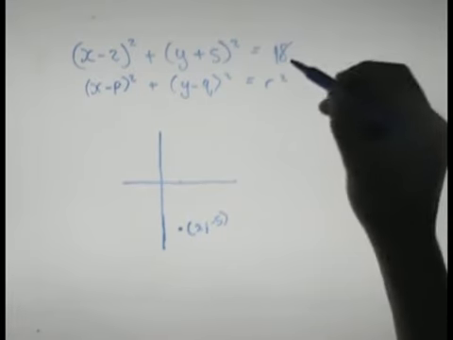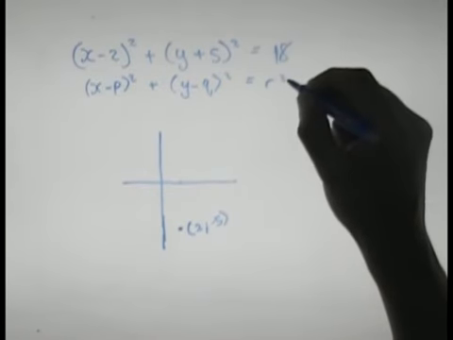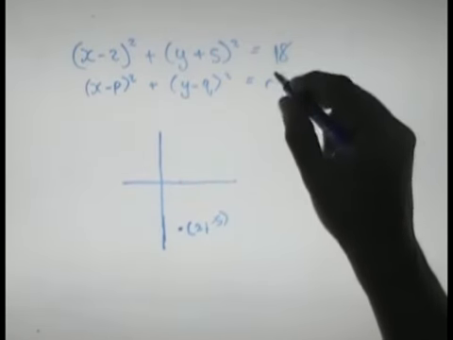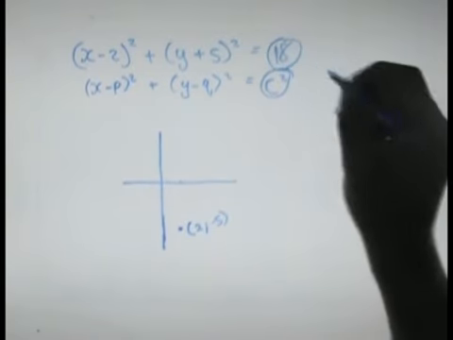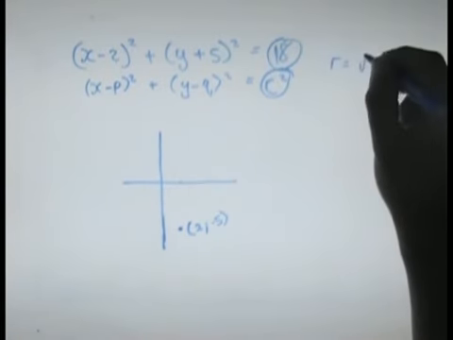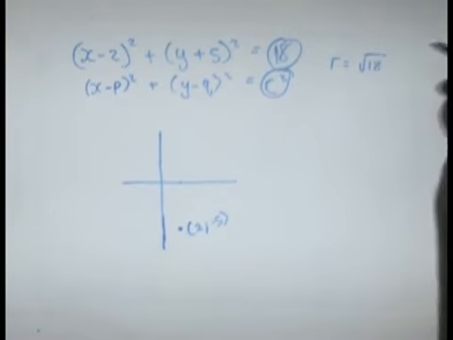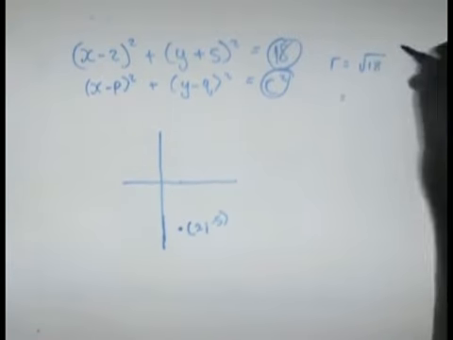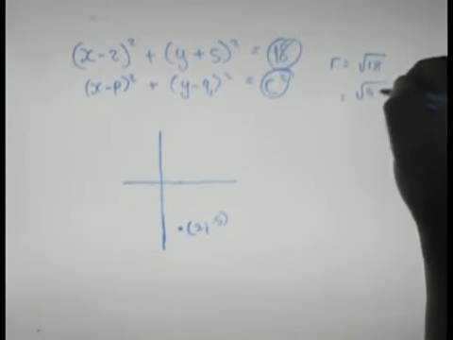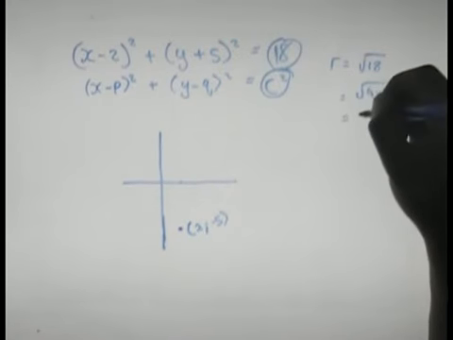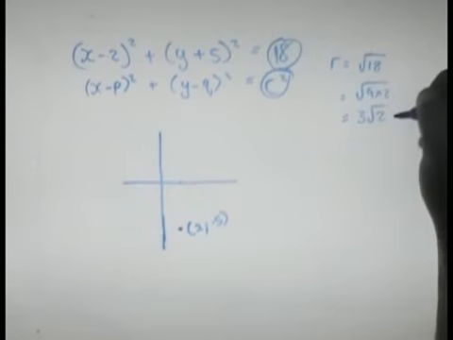Now we need to put in our radius. If r squared is equal to 18, it means that r is equal to square root of 18, which is equal to square root of 9 times 2. Square root of 9 is 3, so r is 3 root 2.